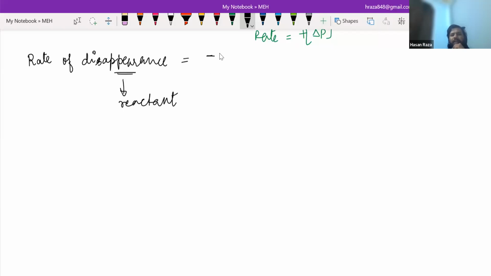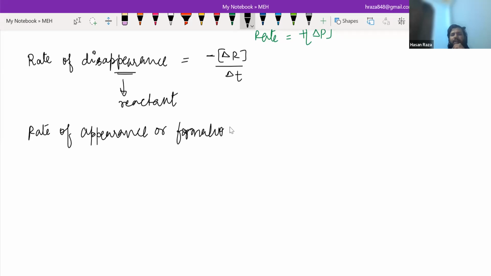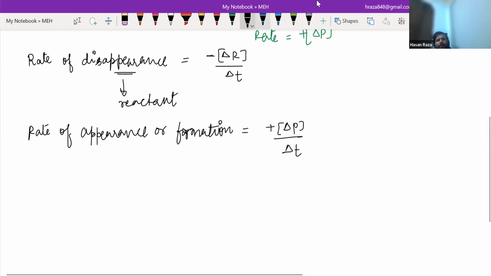That is equal to negative delta R upon delta T. And for a product, we use appearance or formation, and that is equal to plus delta P, the change in concentration of product, upon delta T. Is that clear?